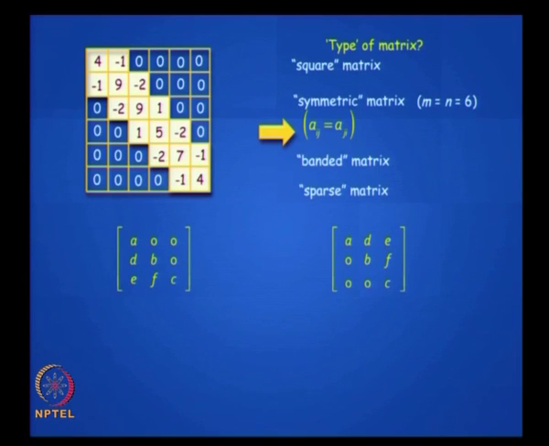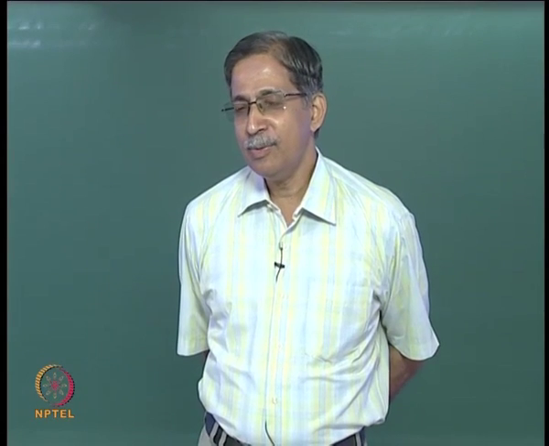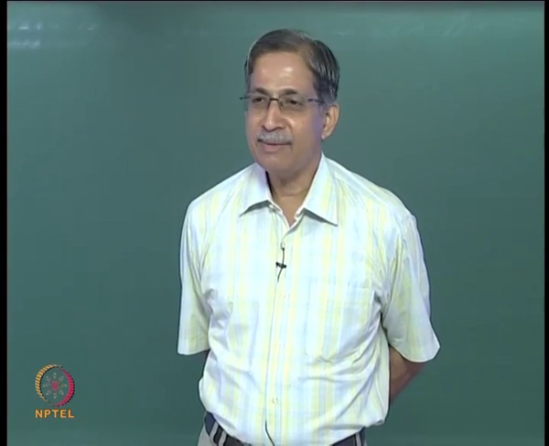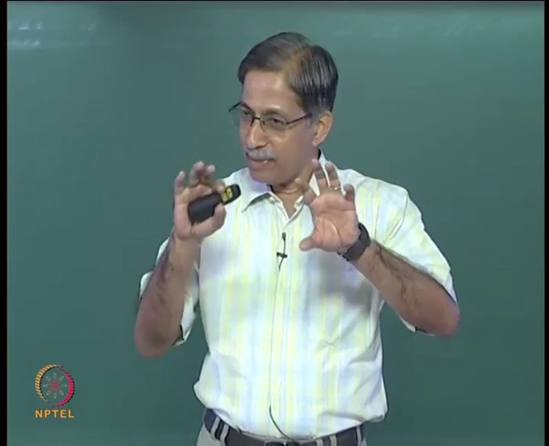What are these matrices called? Very good. Lower triangle typically shown with capital L and upper triangle shown with U. And you are familiar with partitioning of matrices. When do you need to partition matrices? When you want to make life simpler. When you deal with a complex system, you want to operate with subsystems.